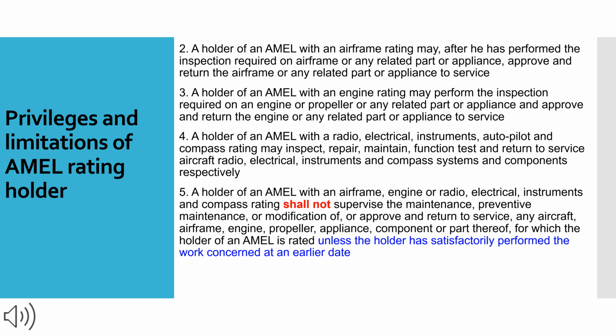A holder of an aircraft maintenance engineer license with an airframe, engine, radio, electrical, instruments, and compass ratings shall not supervise the maintenance, preventive maintenance, or modification, or approve and return to service any aircraft, airframe, engine, propeller, appliance, component, or part thereof for which the holder is rated, unless the holder has performed the work concerned at an earlier date in a satisfactory manner.